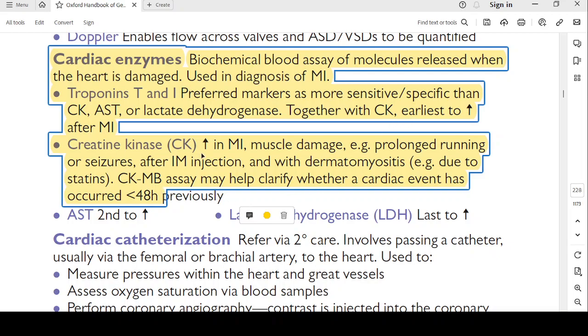CK, creatine kinase, increases in MI, muscle damage, for example, prolonged running or seizures, after IM injection, and with dermatomyositis due to statins. CKMB assay may also help to classify whether a cardiac event has occurred less than 48 hours previously.